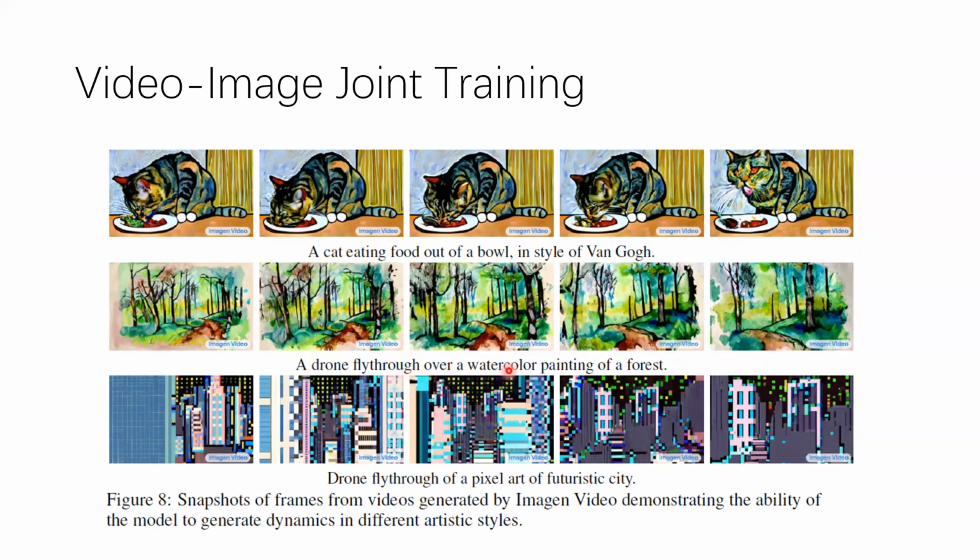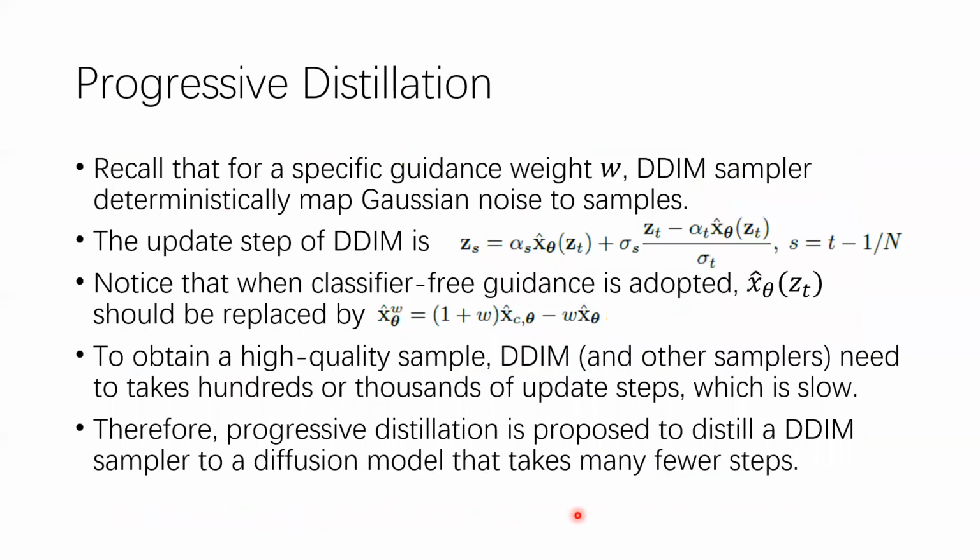And also watercolor painting can be done, and pixel art can also be done. So this video demonstrates the ability of the model to generate dynamics in different artistic styles. That's thanks to the video-image training.